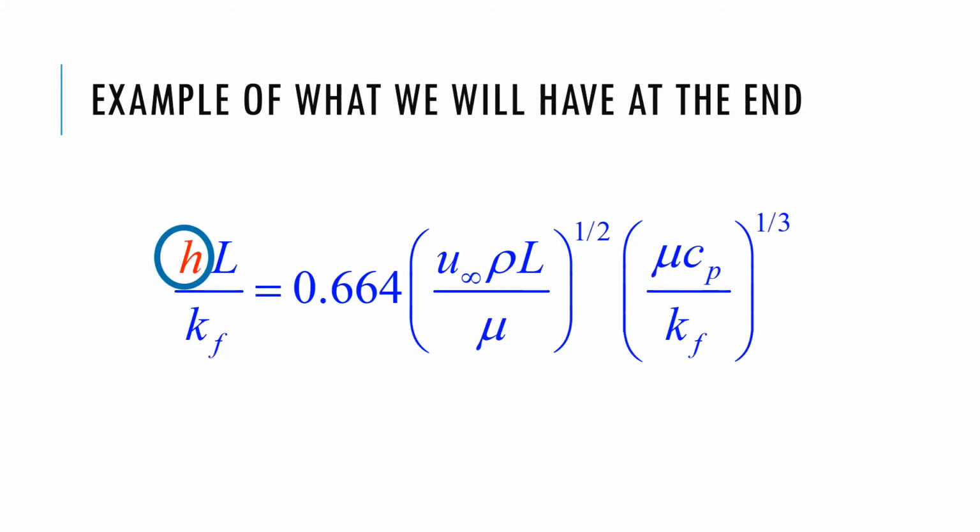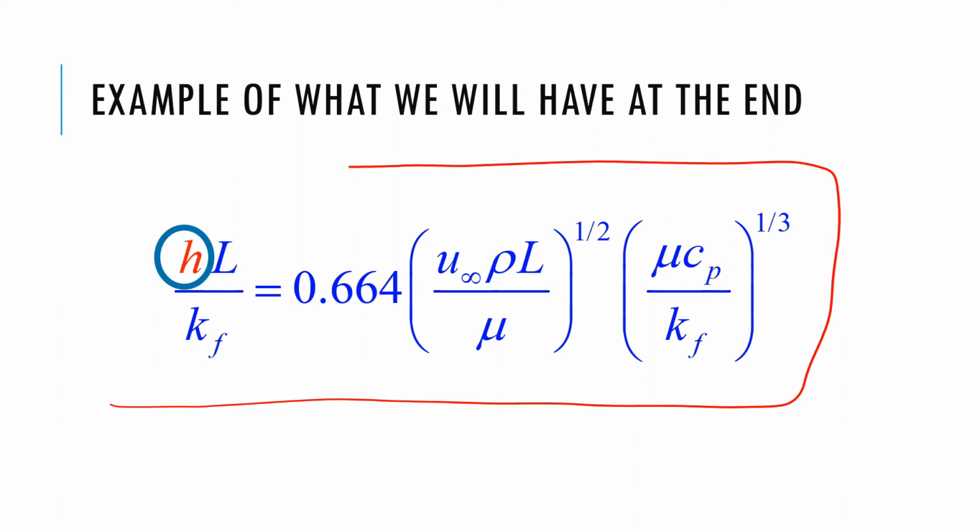So this is what you will have at the end: an equation that looks like this, or some other form, where all you have to do is plug in the quantities like the velocity, density or thermal conductivity to get h.